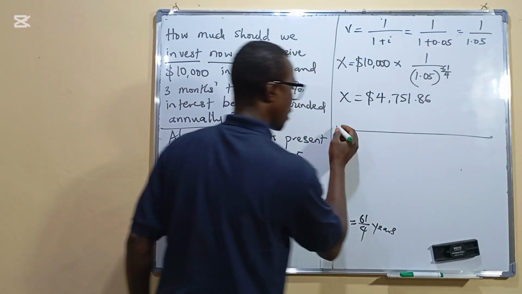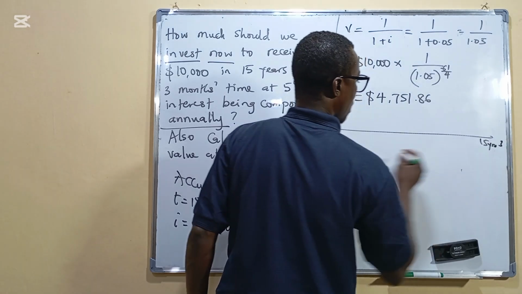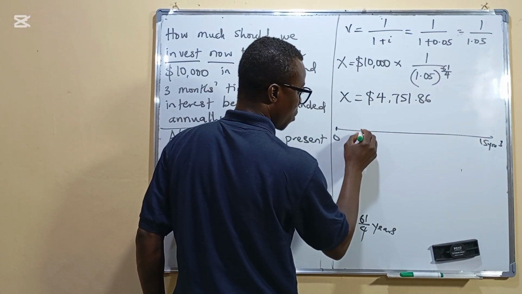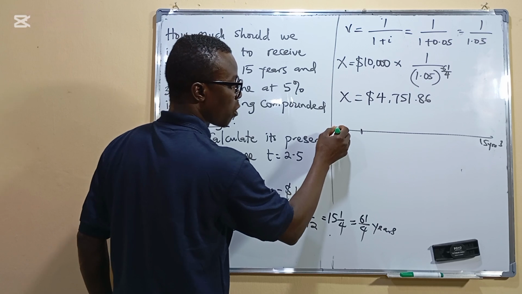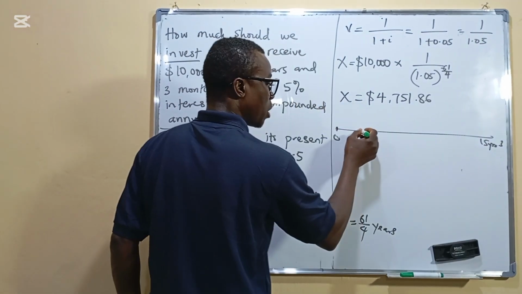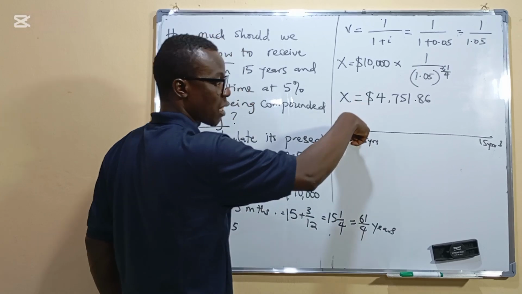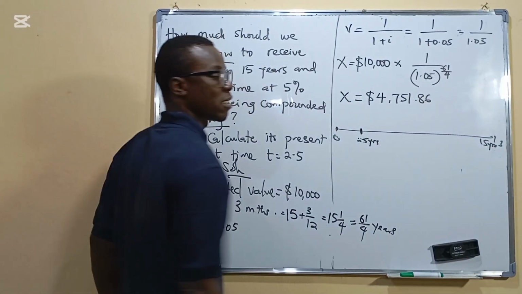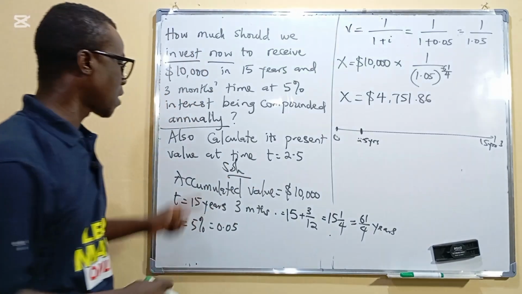This is 0 and this is 15 years, 3 months. For the first case, we have the present value running up to this. But at this point, that's 2.5 years, this person decides to start the investment here to end at this particular point. So I think that's quite clear.